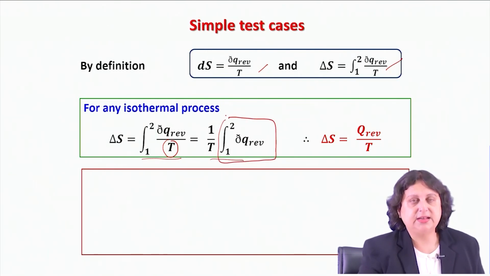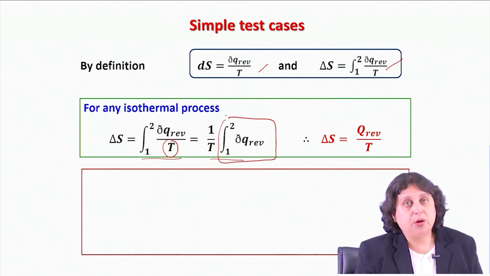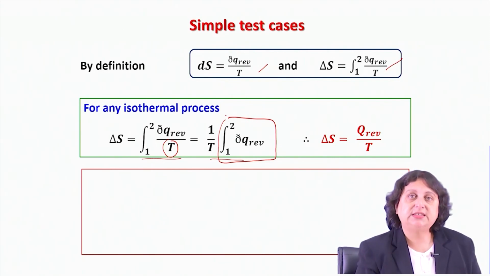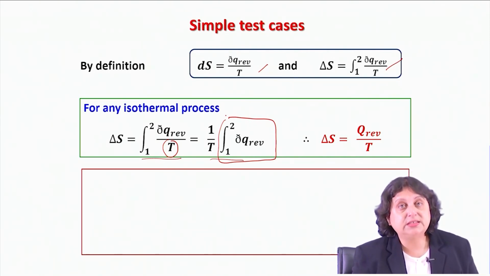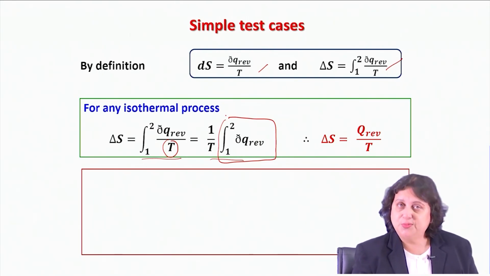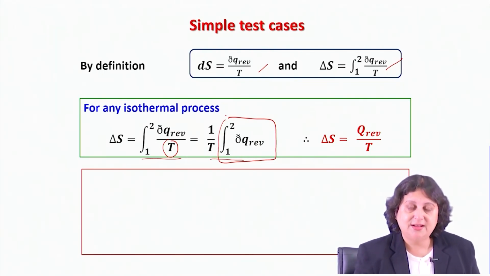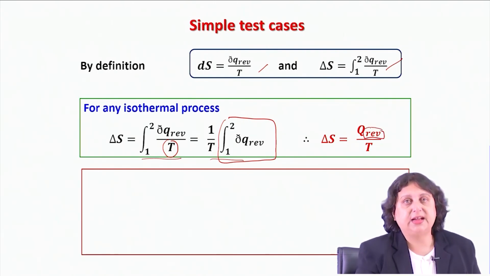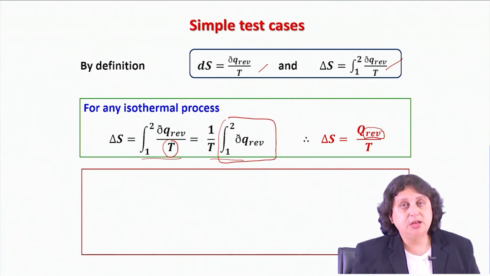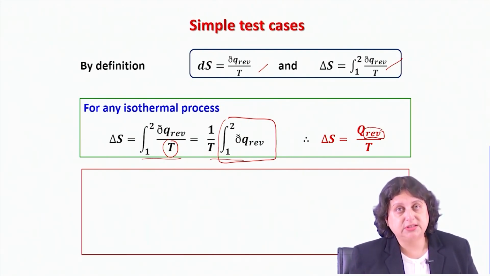This quantity is nothing but the total amount of heat exchanged during the change in state as it passed from the initial state 1 to the final state 2 in a reversible fashion.